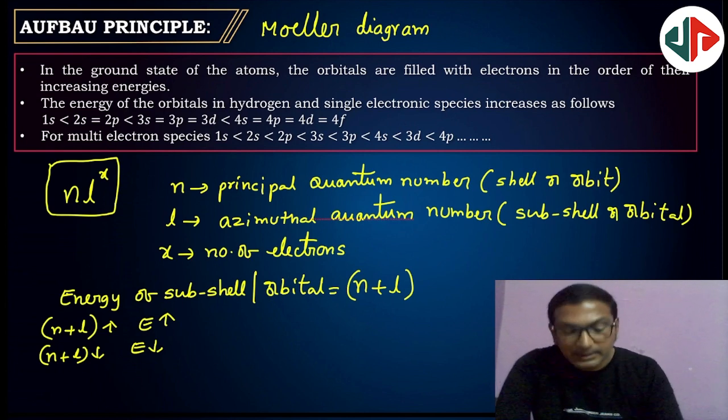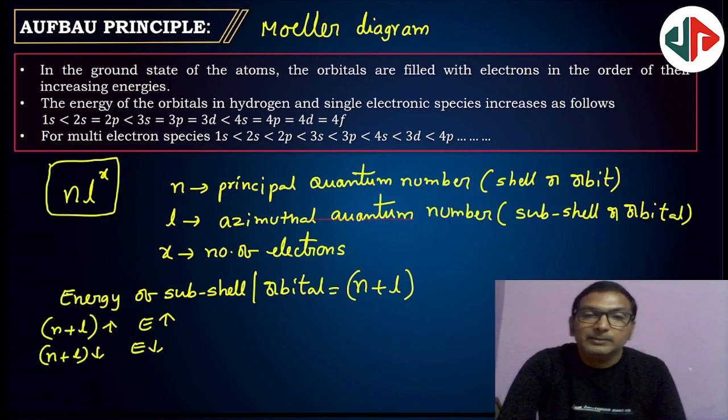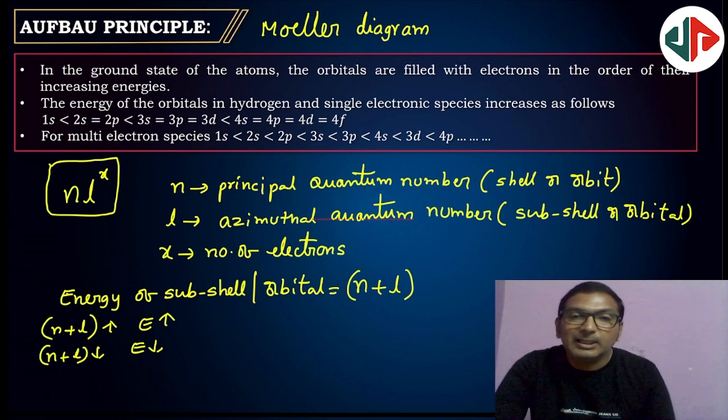In ground state of atoms, orbitals are filled with electrons in increasing order of their energies. That means first we have to add electrons to that subshell which is having lower energy. So electrons are arranged in different subshells in increasing order of their energies. So lower energy orbital will be filled first. In hydrogen atom, just take n value.